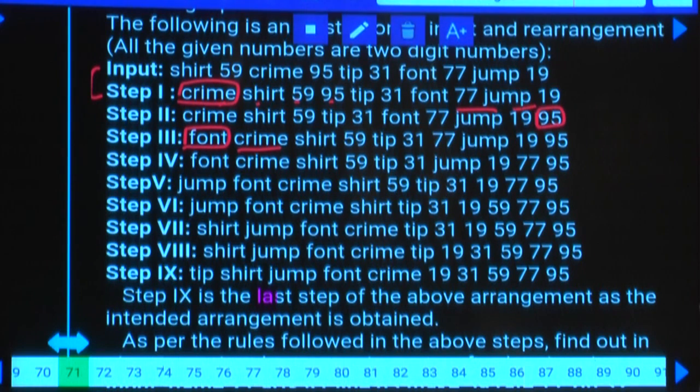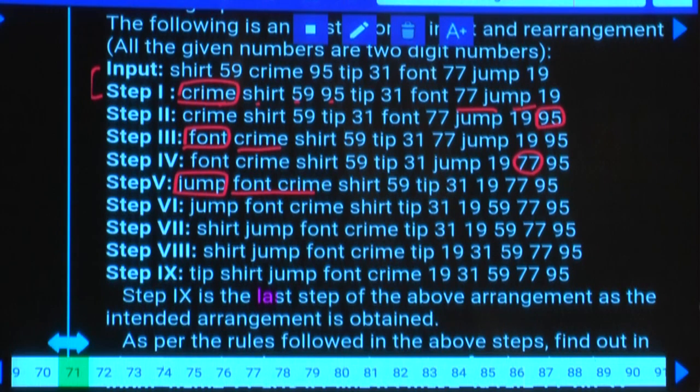Then in step 4, it is the case of the number at the right hand side. Now 95, before this 95 tell me what is the previous number? 77. Now 77 is arranged at the 9th place. Done with this? Then all the remaining elements shifted to the next position. Then in step 5, the next word after font is jump, arranged at the first place and all the remaining elements shifted to the next position.